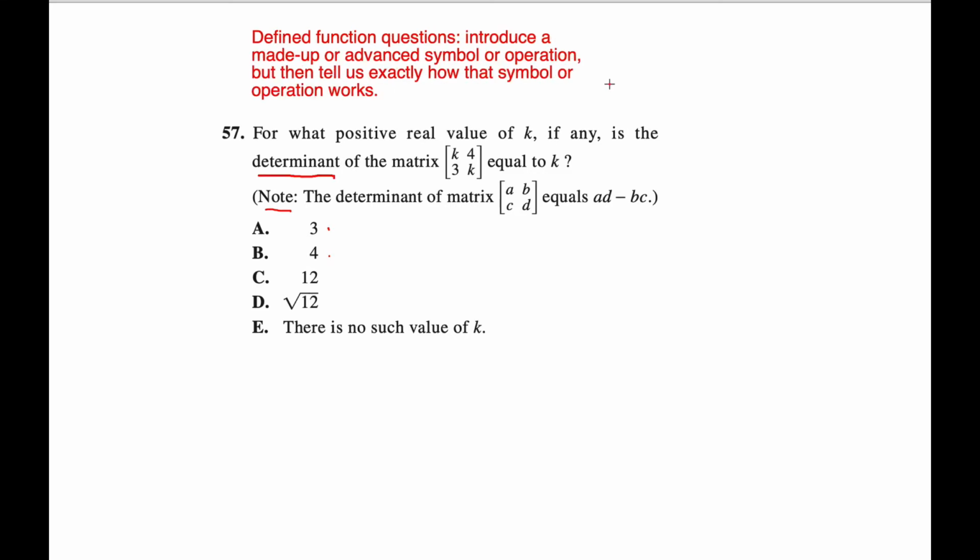Now, one of the hallmark features of these types of questions is that they tend to look pretty intimidating. And what's ironic is the fact that they all basically tell us exactly how the operation actually works. They all define it. So these end up being pretty easy as long as we see them for what they are and don't get distracted by the novelty and the unusual presentation of the question itself.